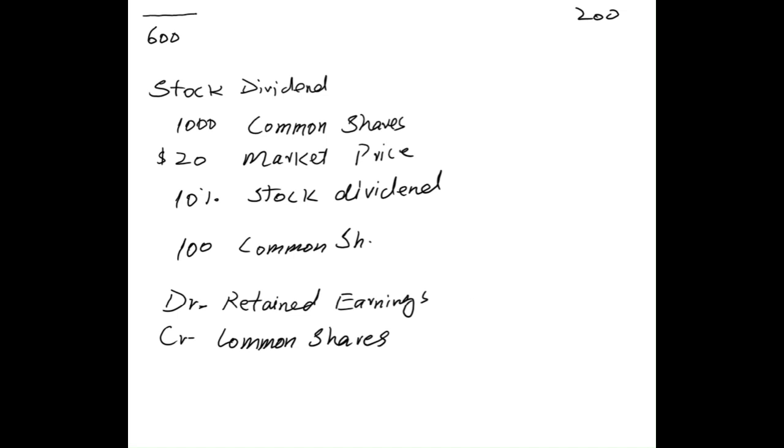So that will be 100 times 20 equals 2,000 and 2,000. And we debited retained earnings because when a company pays dividends, it reduces its retained earnings. And you reduce your retained earnings by debiting it. And common shares are increasing, so you increase common shares by crediting them.